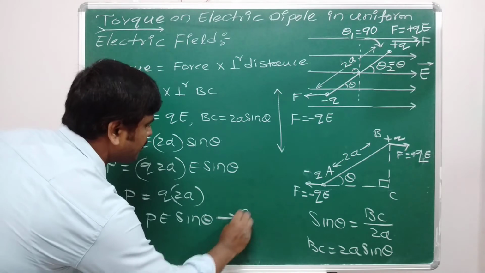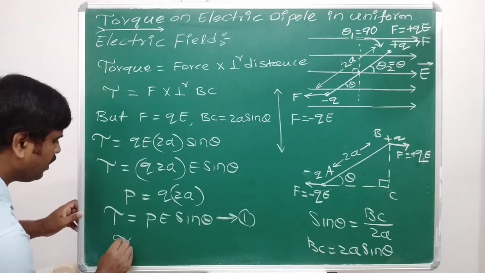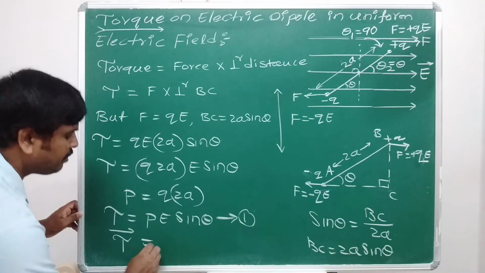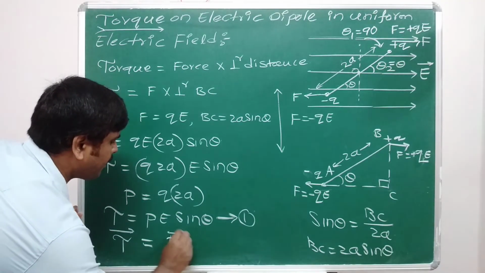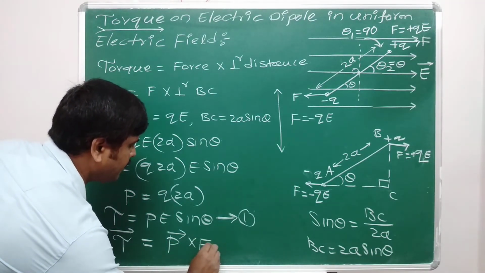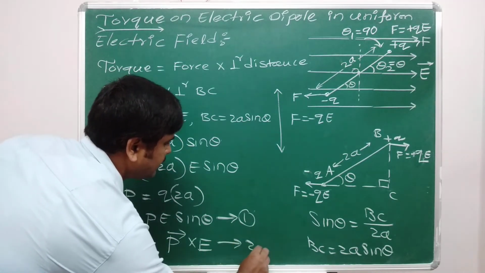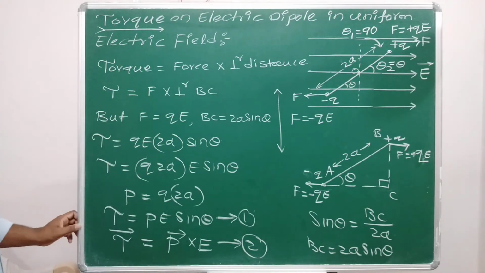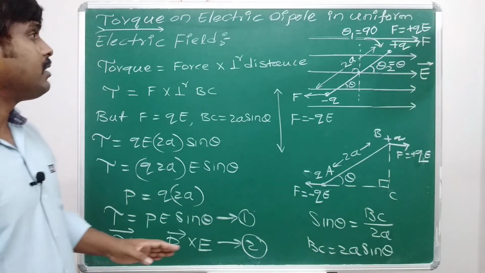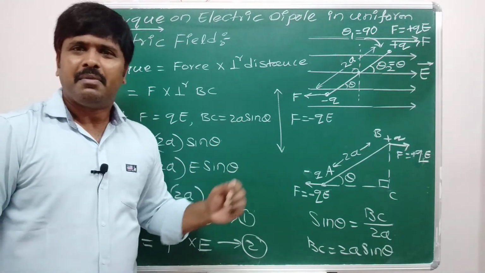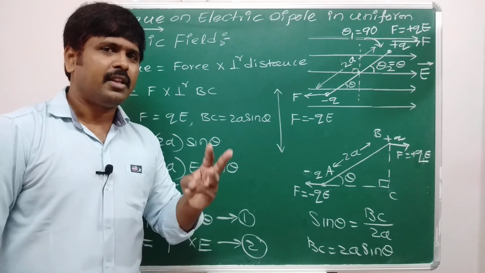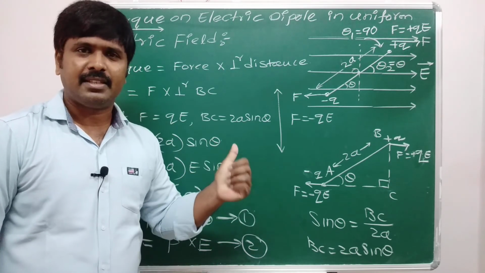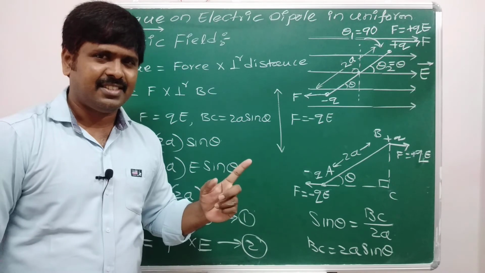This is equation number 1. The direction in vector form is tau bar equal to P bar cross E bar. This is the second equation for the torque acting on an electric dipole placed in a uniform electric field, and there are three cases.